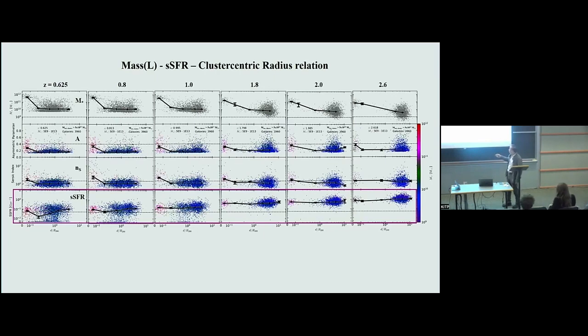Okay, and we conclude that this relation between star formation rate and cluster-centric radius starts to appear at z equals 1, except for the central galaxy itself, which is getting a lot of satellite galaxies being merged.